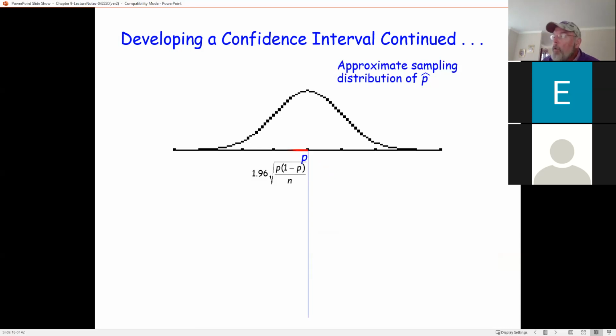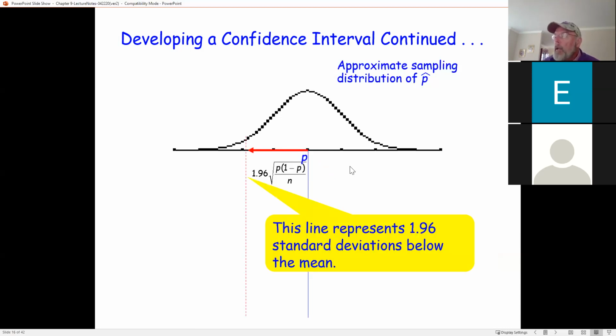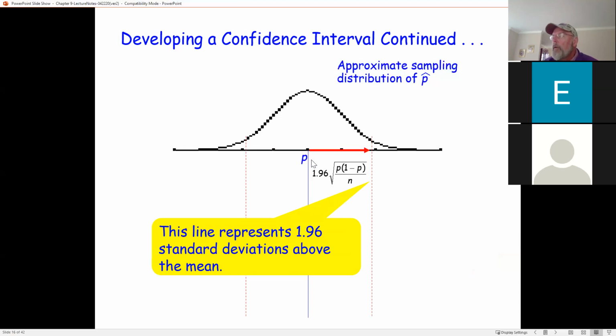We're going to build an interval on the low end and another on the high end. So now we have a look at what these are going to be. You can imagine a narrower distribution would give us a lesser margin of error.